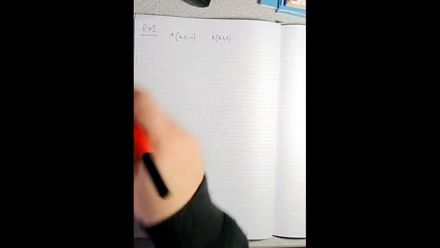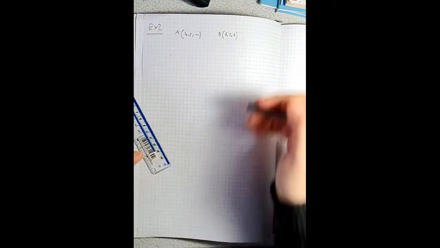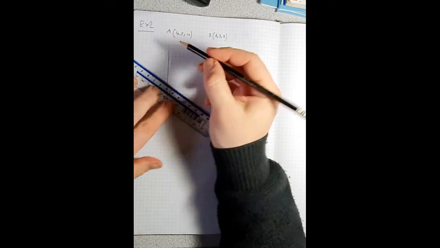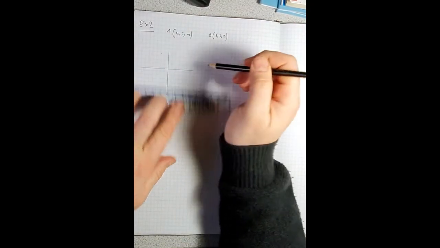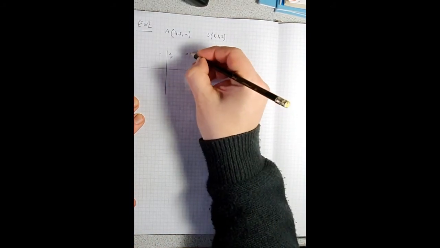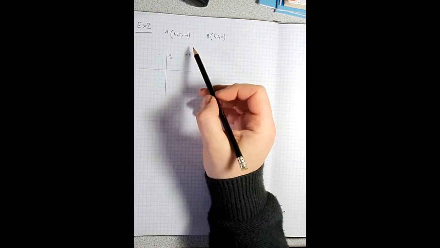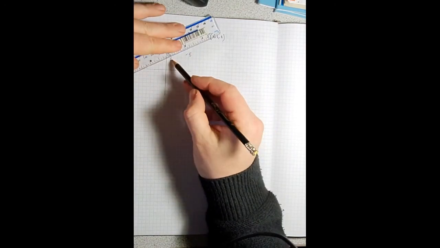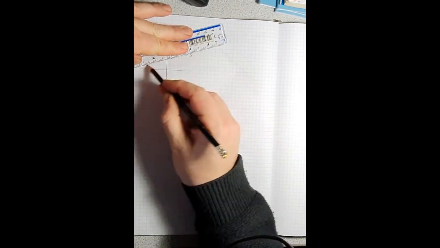So I've got my line. I know it's 3D, but I'm just going to sketch it on 2D axes. I've got A, and I've got B, and of course I need the direction. The line goes through A and B.